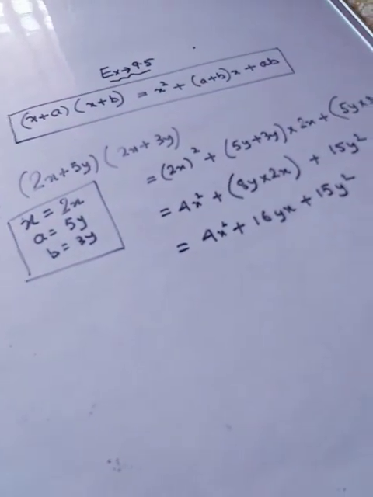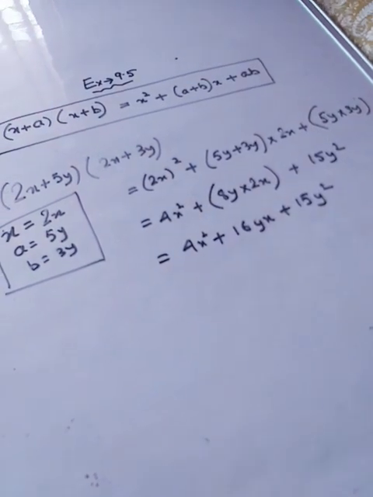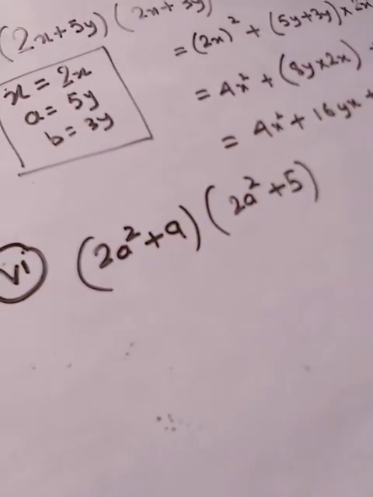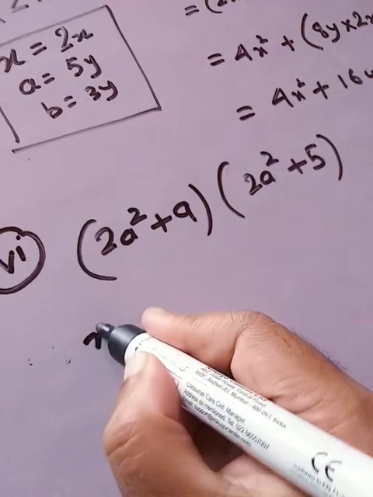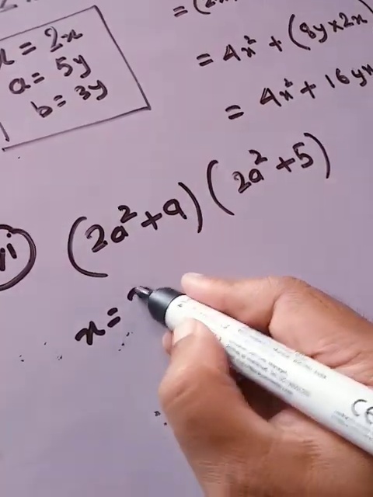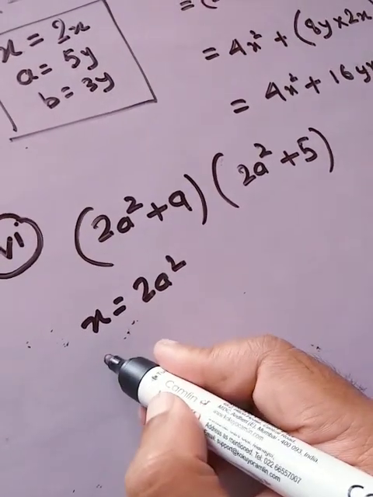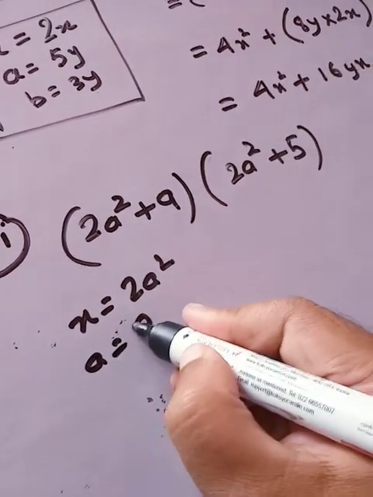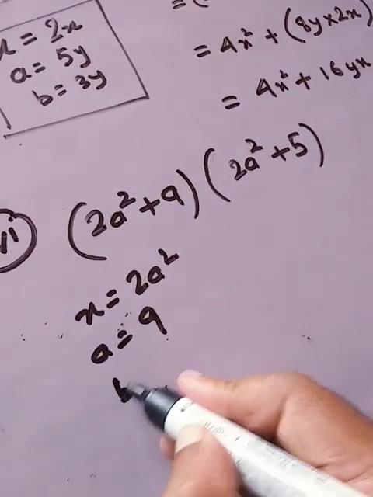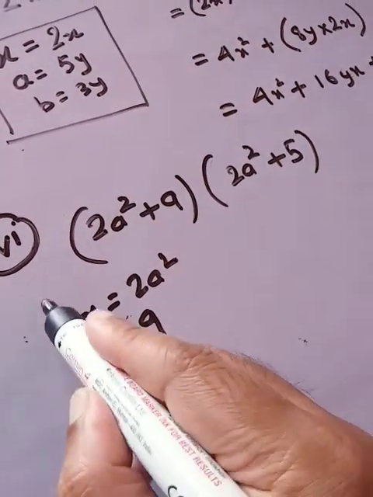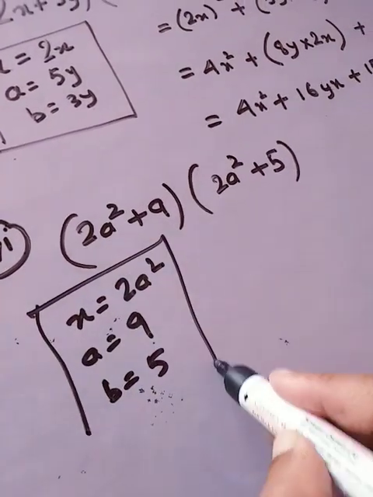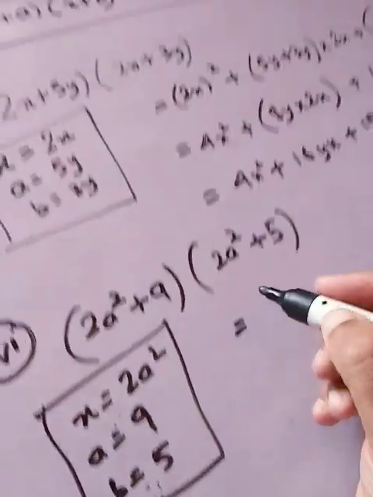Okay, so let's see what is there in sum number 6. This is sum number 6. In place of x, we can see that 2a square is written. In place of a, 9 is written. In place of b, 5 is written. So all are positive. Now what is the first thing we'll write? x square.